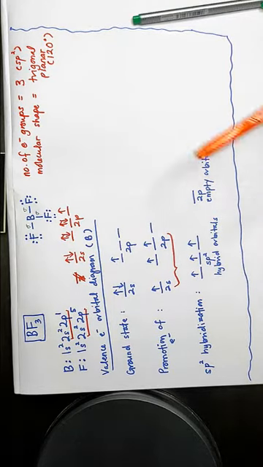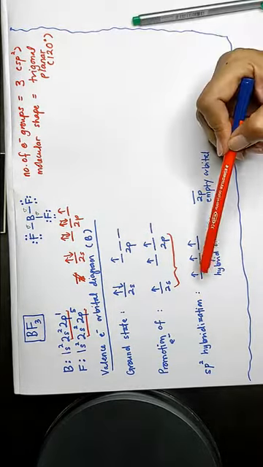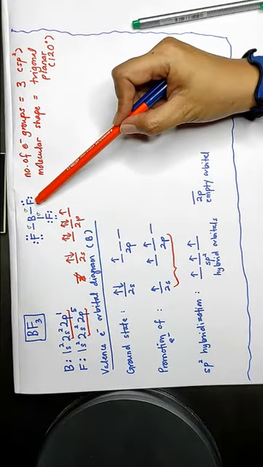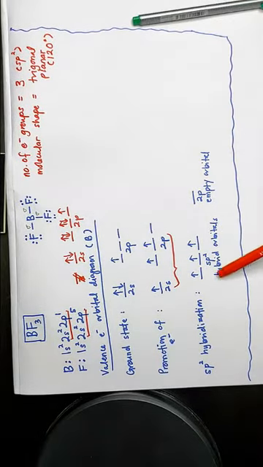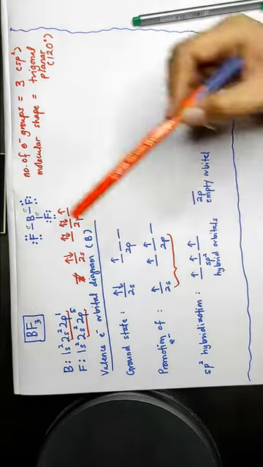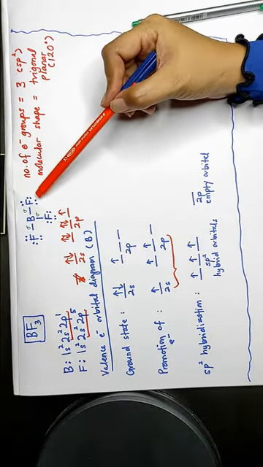So each sigma bond is formed when one sp2 hybrid orbital of boron overlaps with one of the 2p orbitals of fluorine.